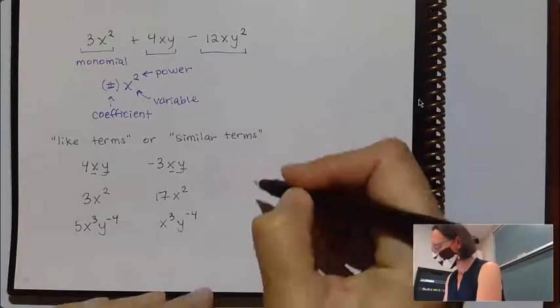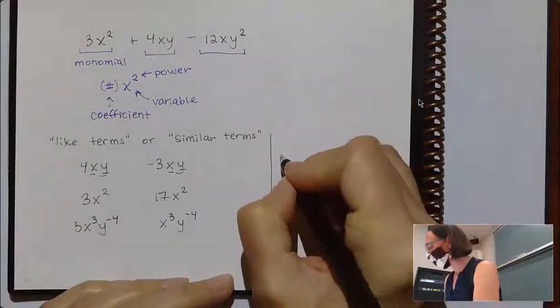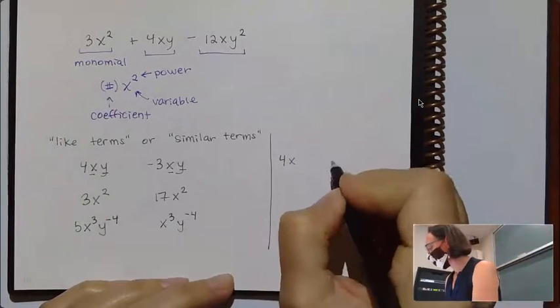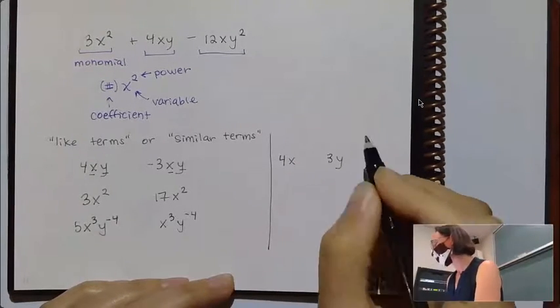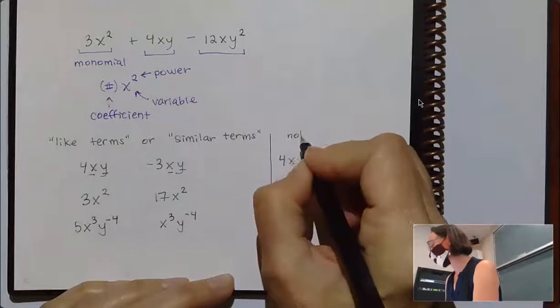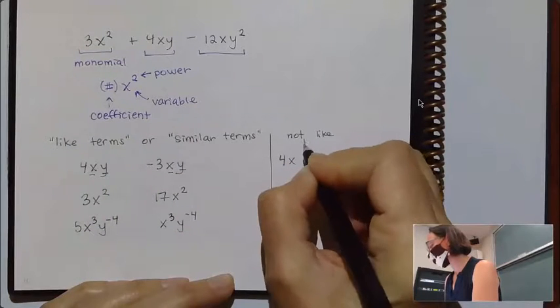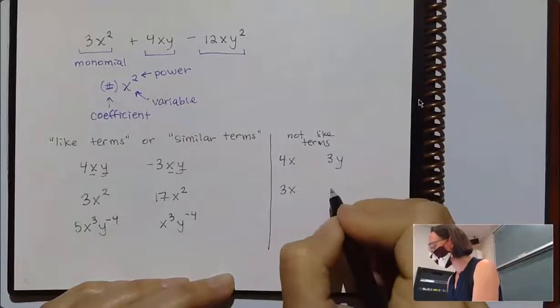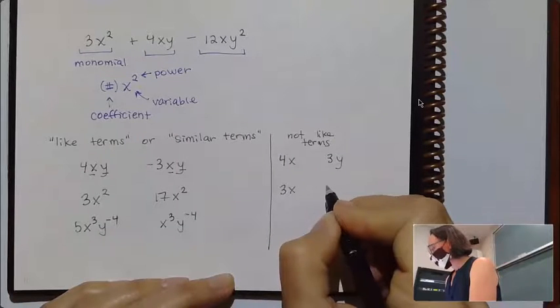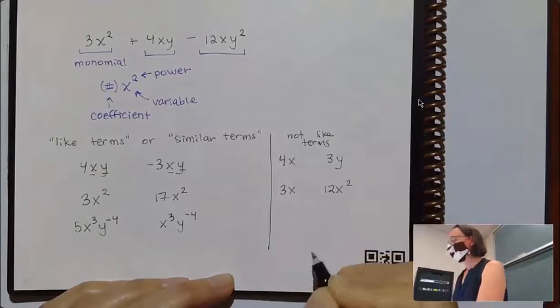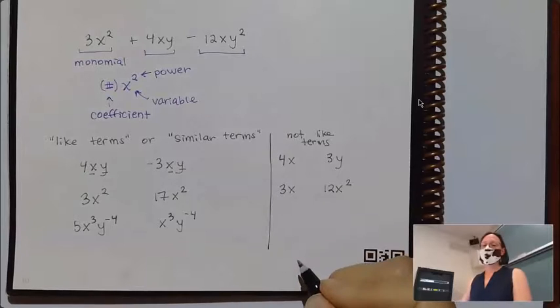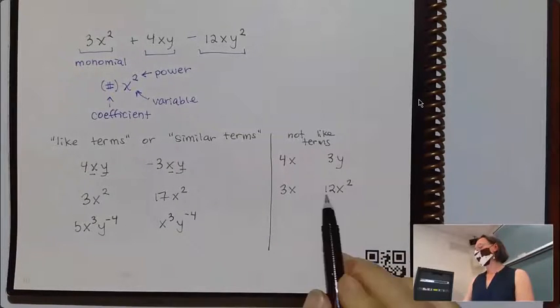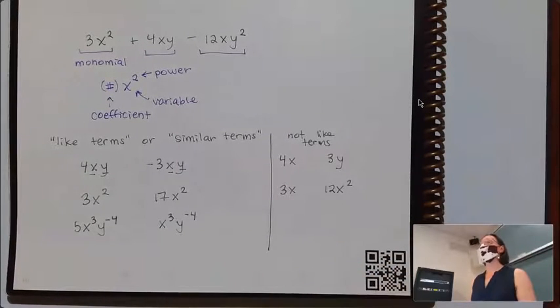But if I had 4x and 3y, these are not like terms. Or if I had 3x and 12x squared, these are also not like terms. Even though they have the same variable, those variables are not raised to the same power.